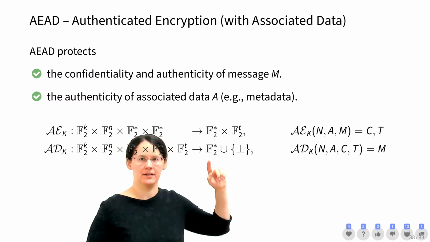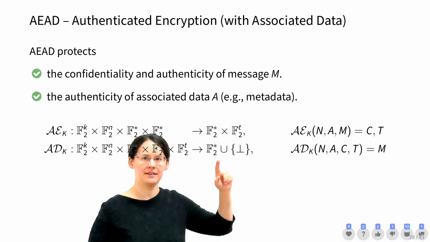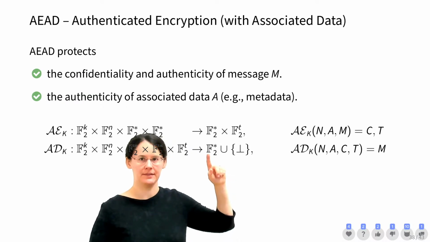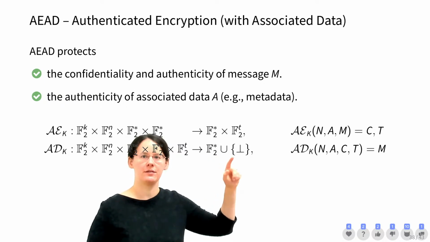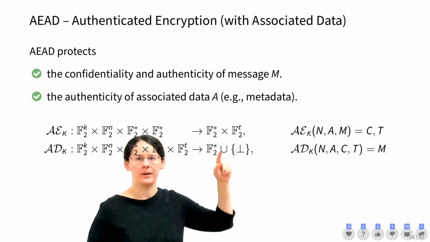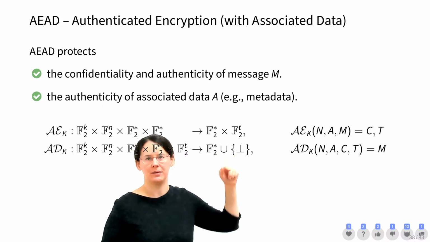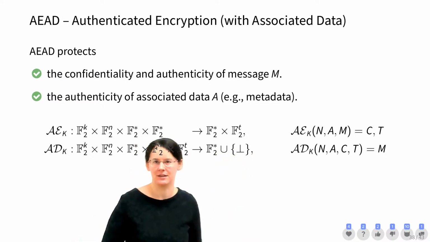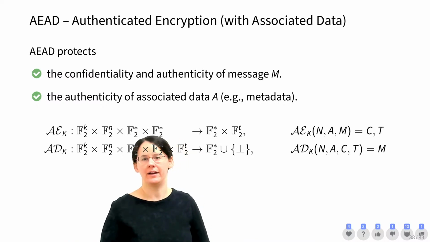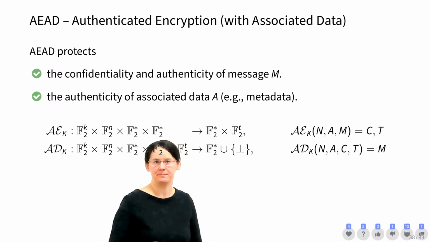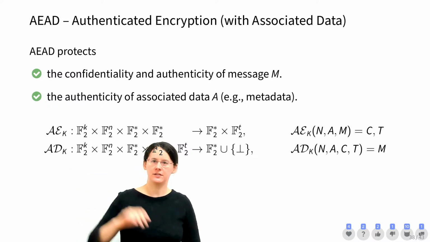It's either the message in case the decryption was successful, and in particular the tag was verified successfully. Then we get the message back. If there was an error with the tag, we get an error symbol, which is here denoted by this bottom symbol, but which will usually be some sort of error flag or exception in an implementation. Okay, so these are the two functions.